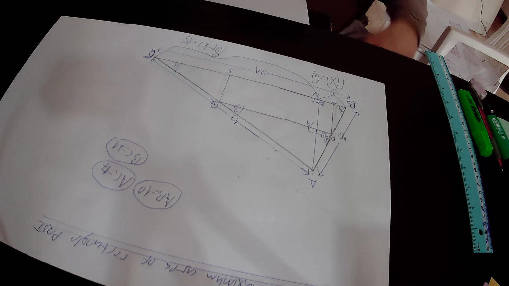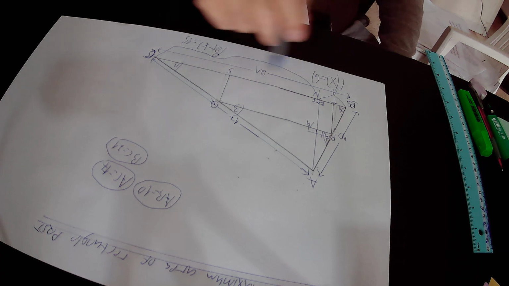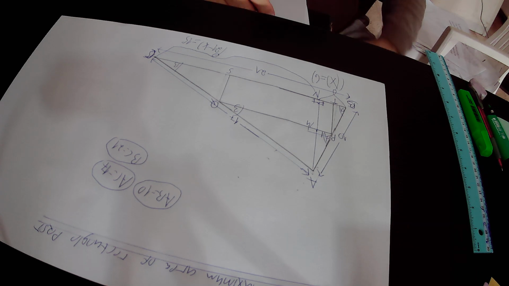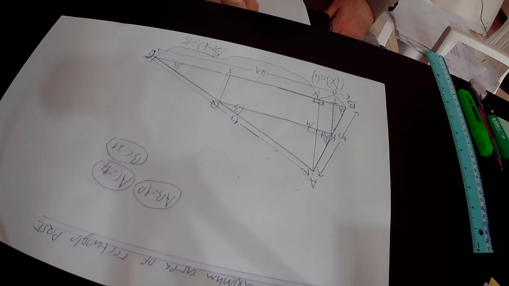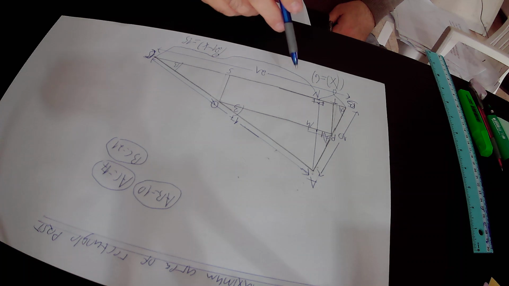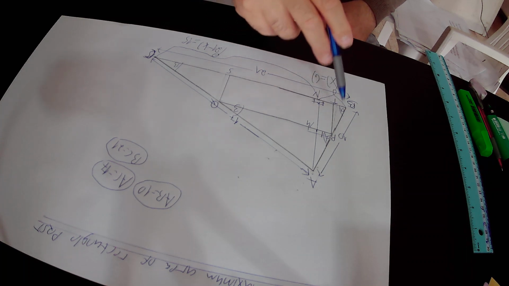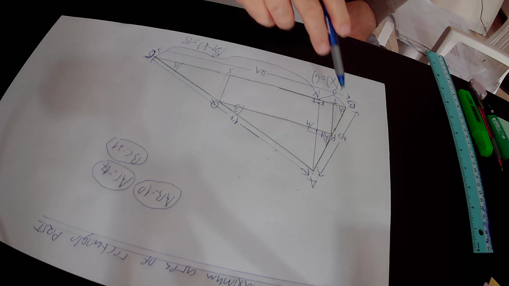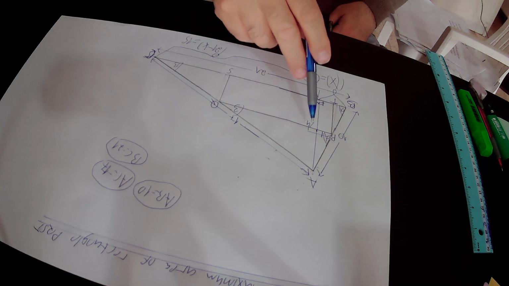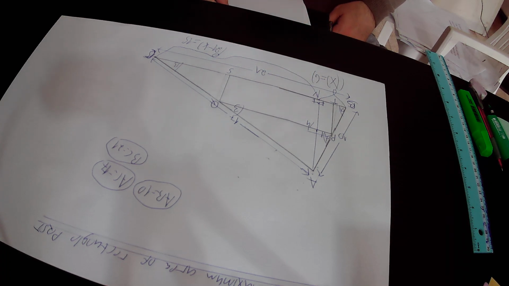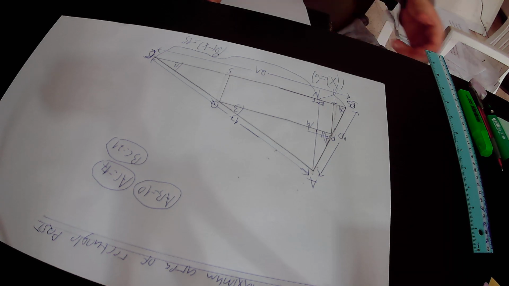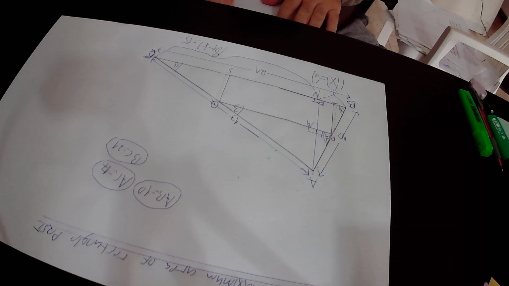So in the next step, we will prove that the big triangle ABC, it is not a right triangle, is similar to this triangle APQ. Why are those two triangles similar to each other?